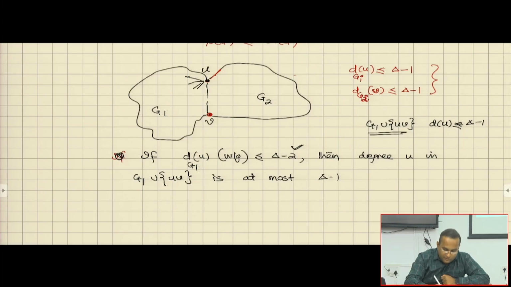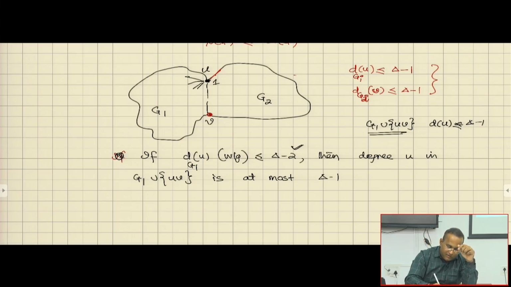If you connect this UV, then what about the degree of U? Delta minus 1 in G1, so we can get a delta coloring of G1. Similarly, we can get a delta coloring of G2. Now if needed, you permute the colors so that the coloring agrees on U and V, because U and V get different colors as we made them adjacent.